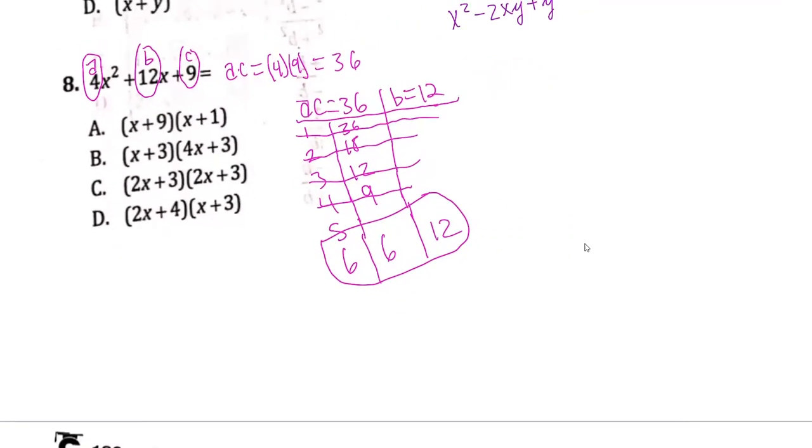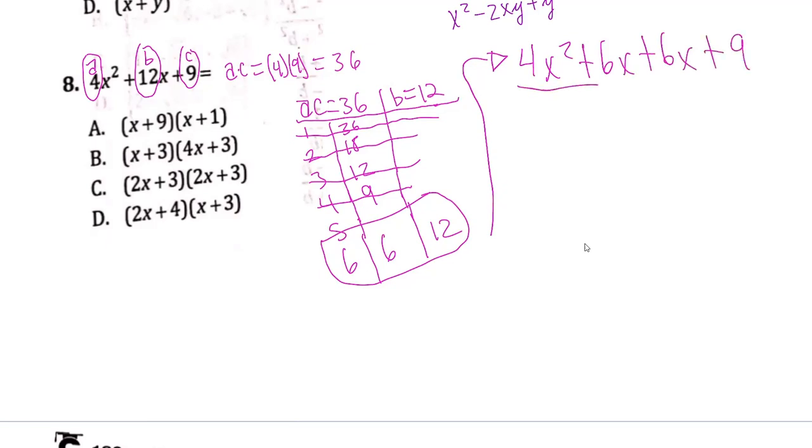So now we are gonna factor. So we have 4x squared plus 6x plus 6x plus 9. All right. So again, underline here. Those are the terms we're working with.